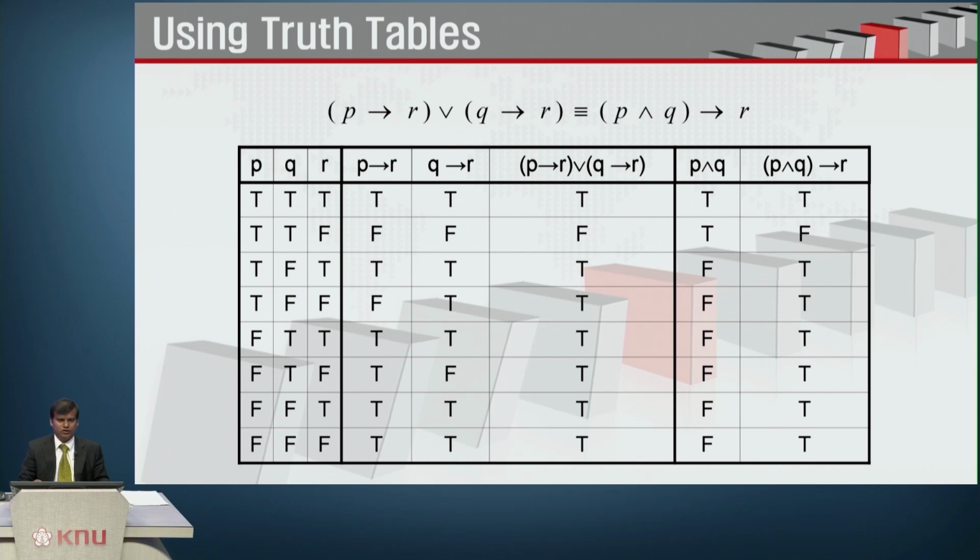Also you have P implies R or Q implies R, that's also there. Then on the right hand side, P and Q as well as P and Q implies R is there. So you are trying to plot everything and trying to see whether they are equal. After writing down all these things, you found that yes, they are equivalent. You can see that these two are equivalent.